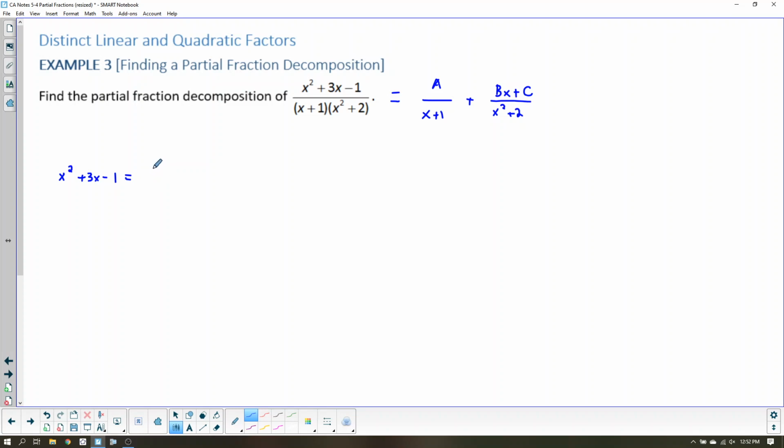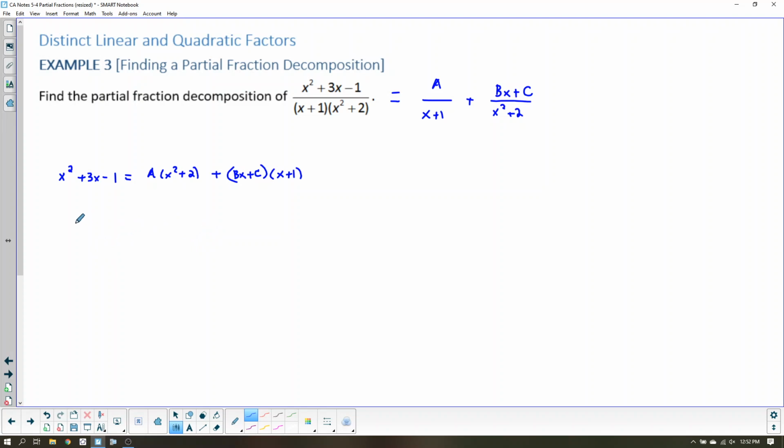Then we will have a times x squared plus 2, because when I multiply this by that fraction, the x plus 1s are going to cancel, plus the bx plus c, which has to be in parentheses now. When it gets multiplied by this, the x squared plus 2s are going to cancel, so it's multiplied by x plus 1.